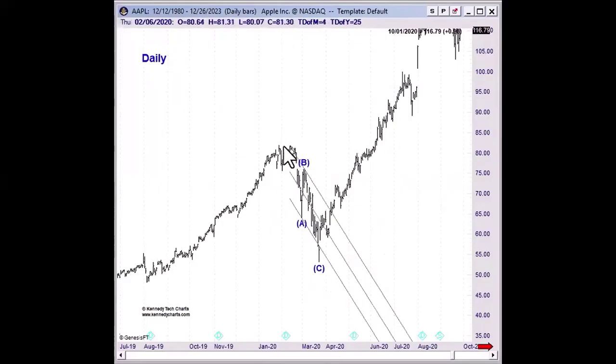Notice what you have here. You essentially have down, up, and then down. And notice, too, the bulk of the pattern was contained by parallel lines. Now, yes, you did see some throw over or throw under in this instance below the lower boundary line of the corrective price channel.